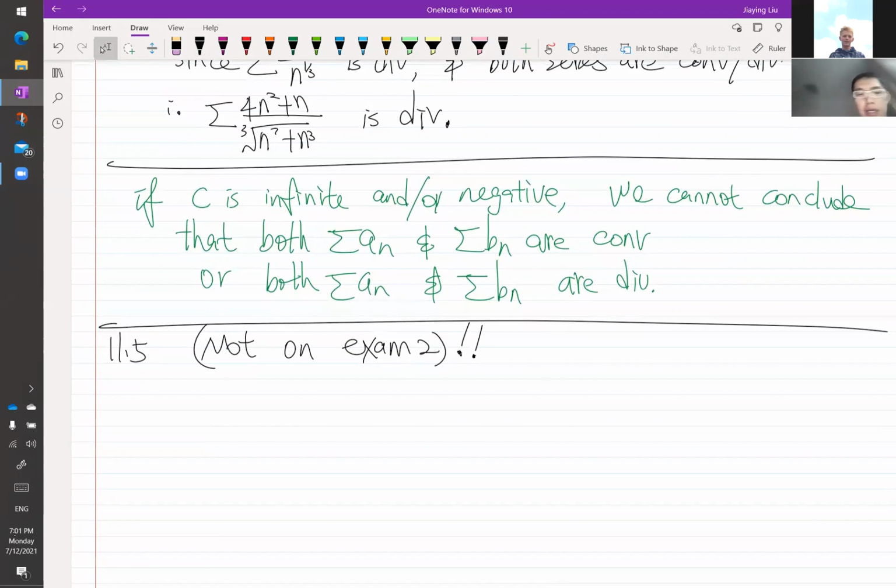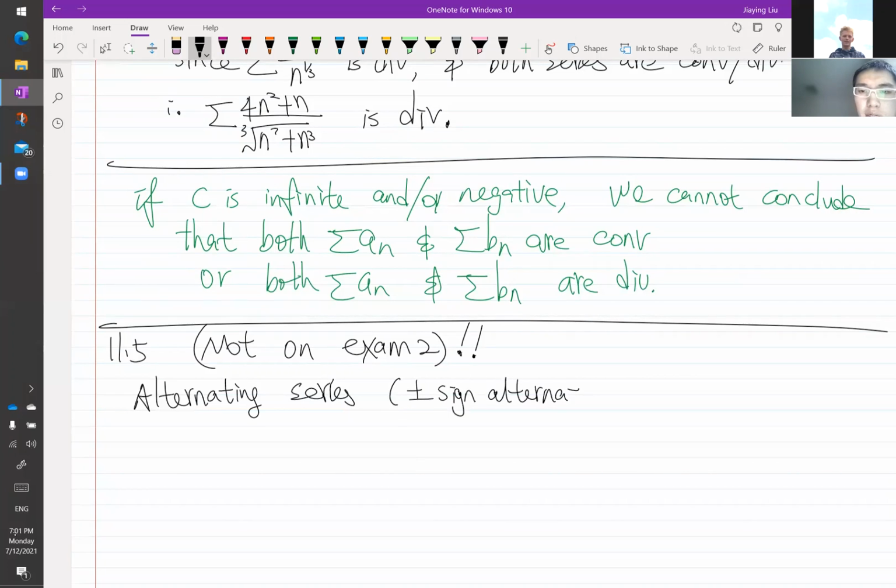There are two parts in this section. The first thing is called alternating series. An alternating series just means that the sign alternates between positive and negative, and obviously the value could be different too.